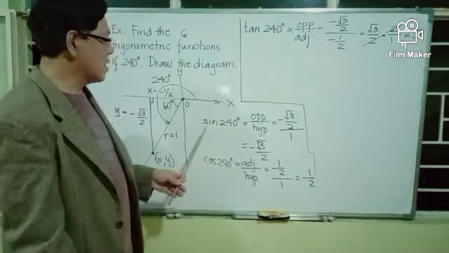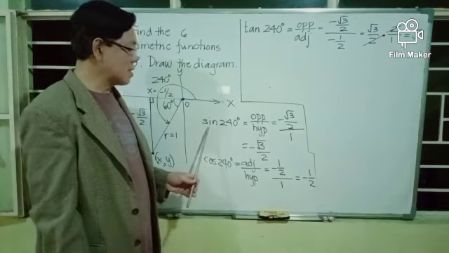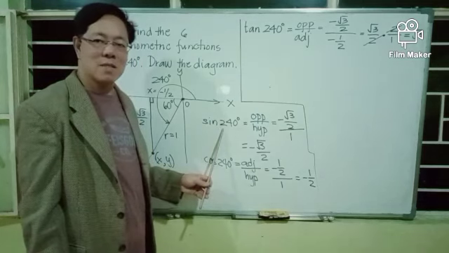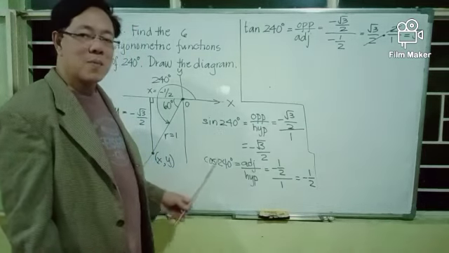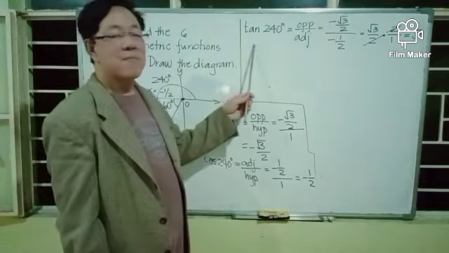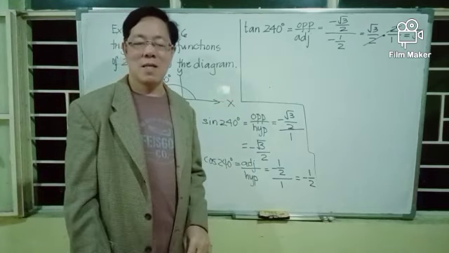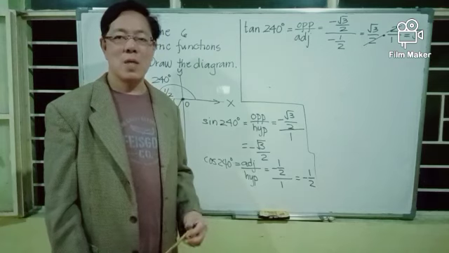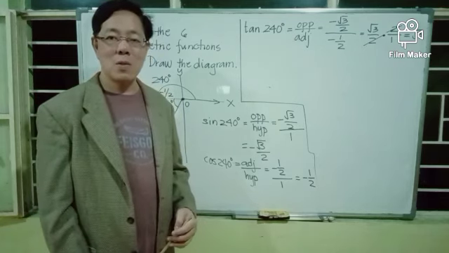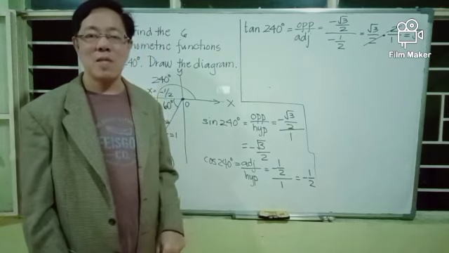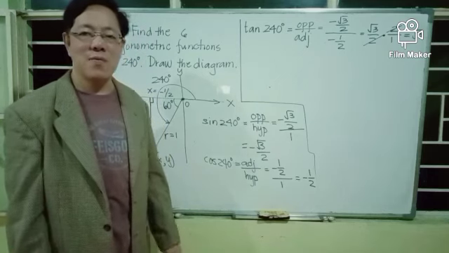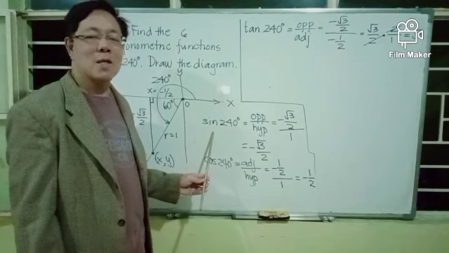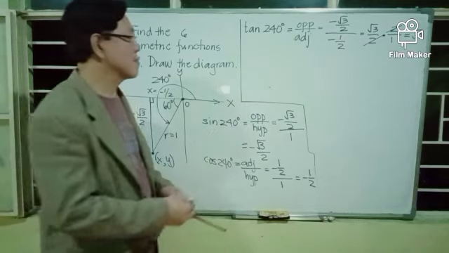We now have the values of the first three trigonometric functions of 240 degrees. From these, we will obtain the values of the last three trigonometric functions of 240 degrees. The reciprocal of sine is cosecant.